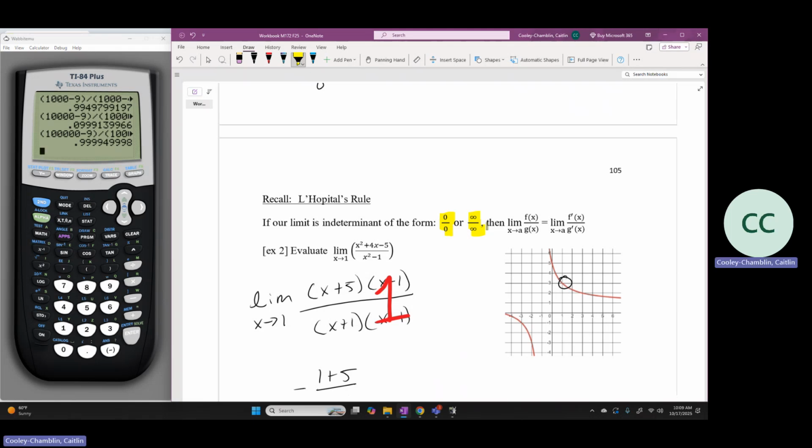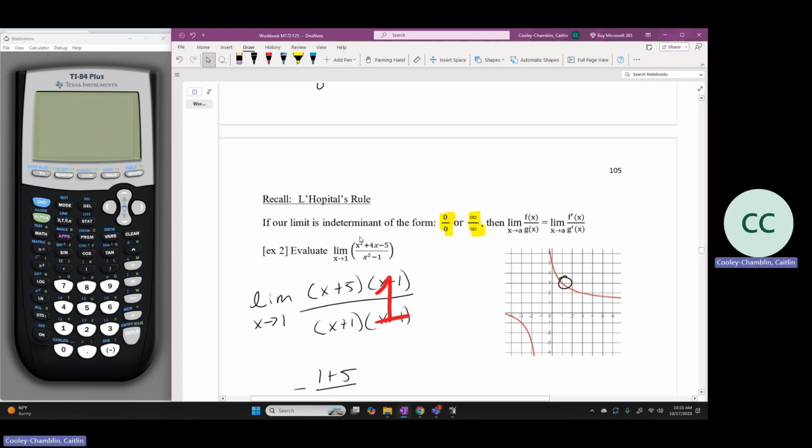Now, I will tell you for my students, this makes a great test question. You know those test questions where someone gets this answer and does L'Hopital's rule? Well, it's probably going to be because it didn't work out right, because he did not check to make sure it was in the right form. So just a heads up, my students, great test question.